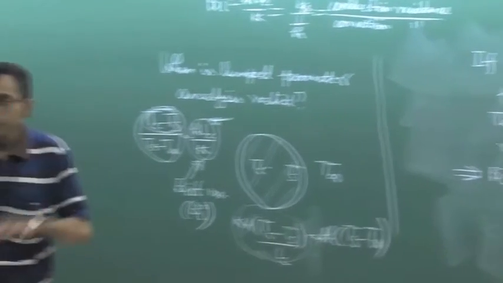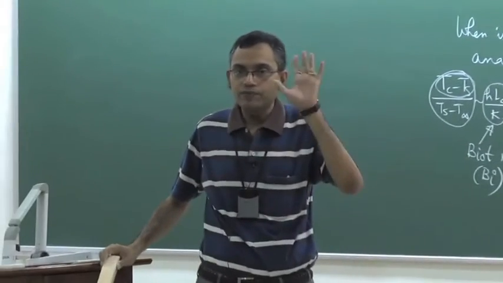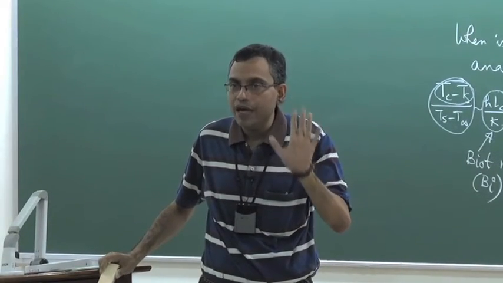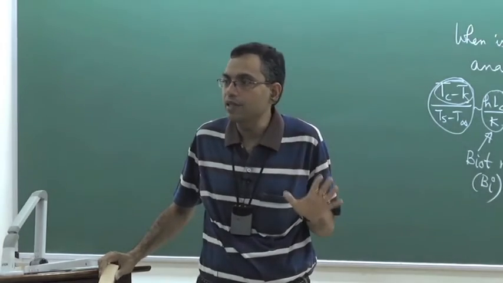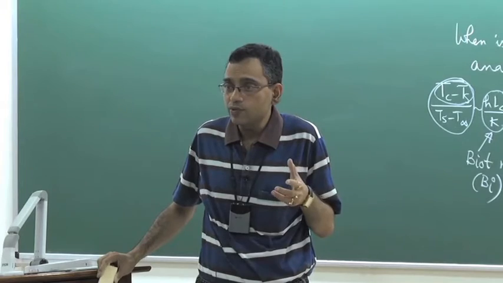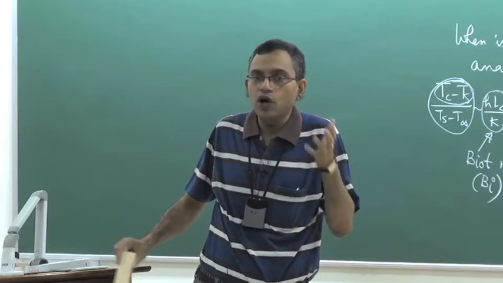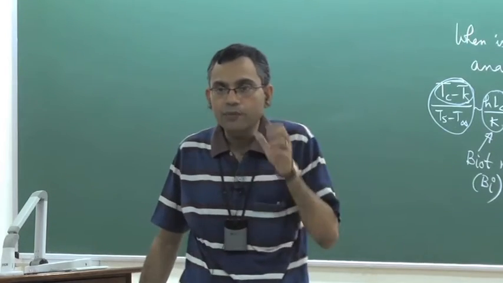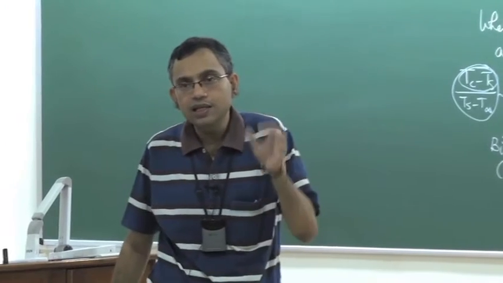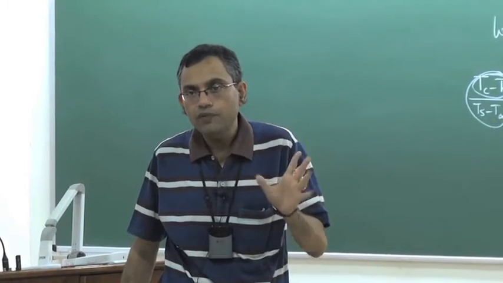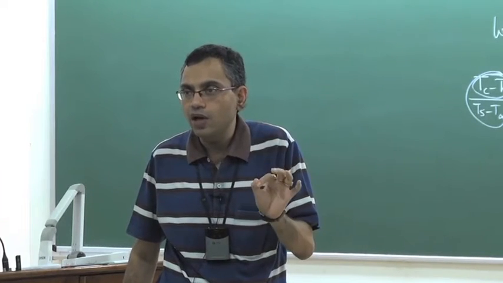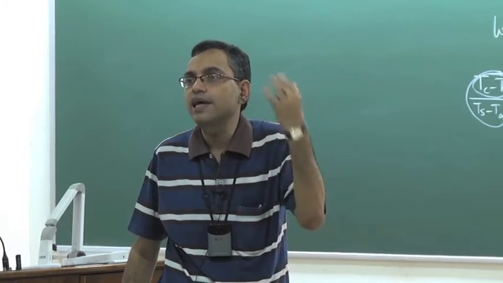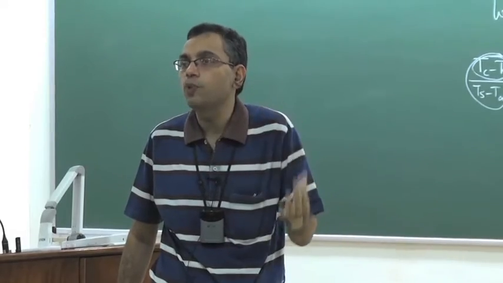So please do keep in mind that for the lumped parameter analysis to be valid, the Biot number must be very small, much less than 1. Now the question is, what is much less than 1? For all practical engineering purposes, see, for mathematical purposes it is in the limit as it tends to 0, but for all practical purposes the Biot number may be considered to be small if it is 1 order less than 1, that is less than 0.1.